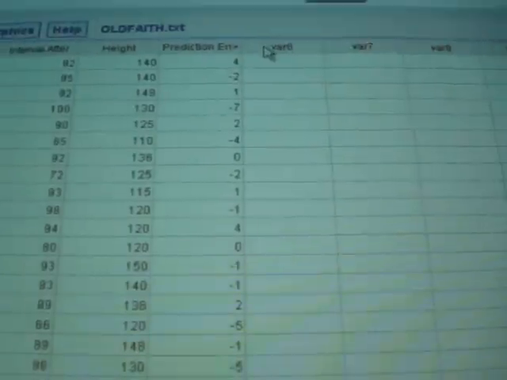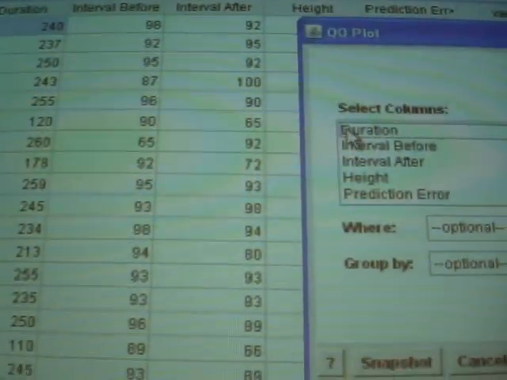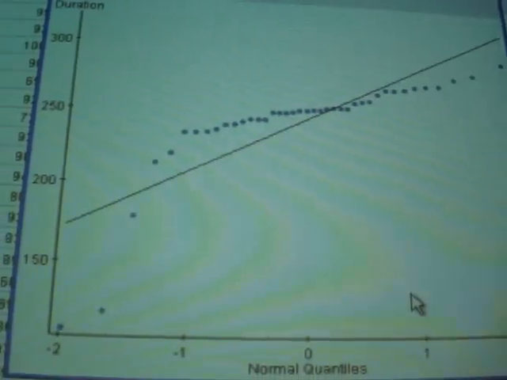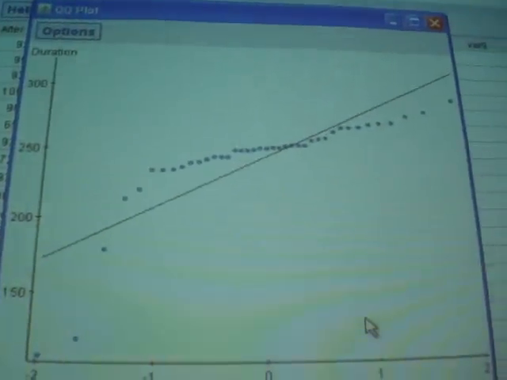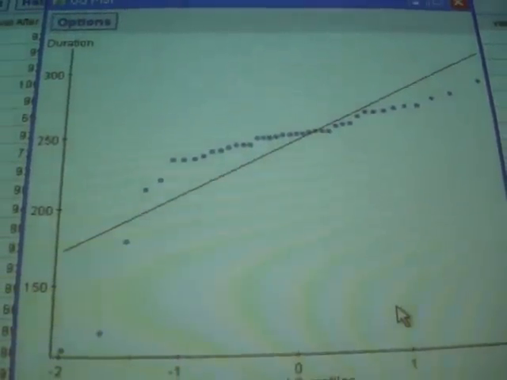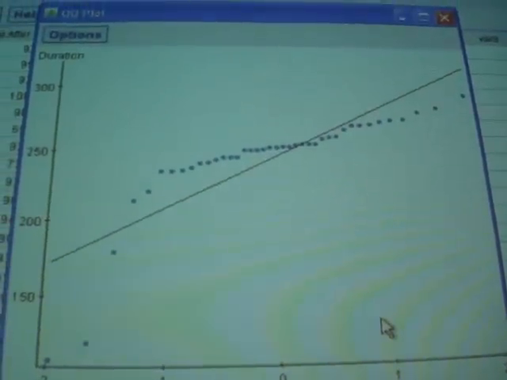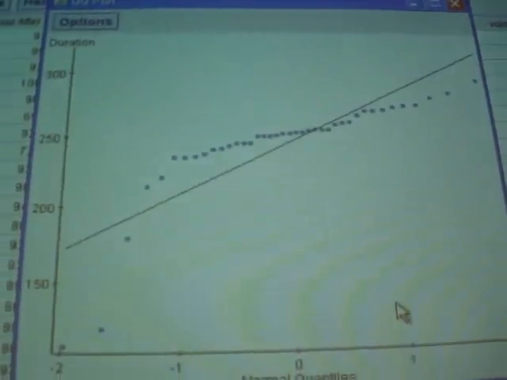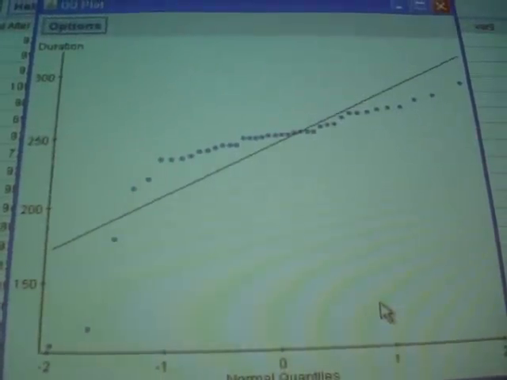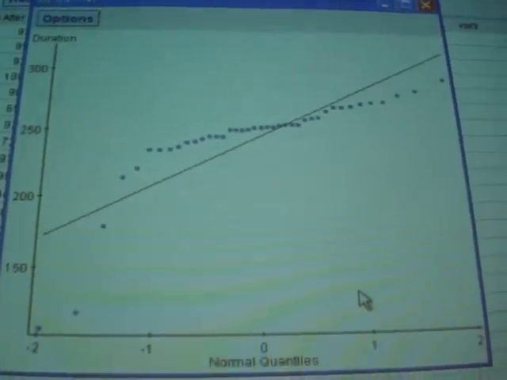So let's go ahead and do a QQ plot of duration. And this is what the QQ plot looks like. Remember, for us to believe that it's perhaps reasonable that something's normal or came from a normal distribution, we should see a bell shape in the histogram, or at least a rough bell shape, and we should see a linear relationship in terms of the QQ plot.